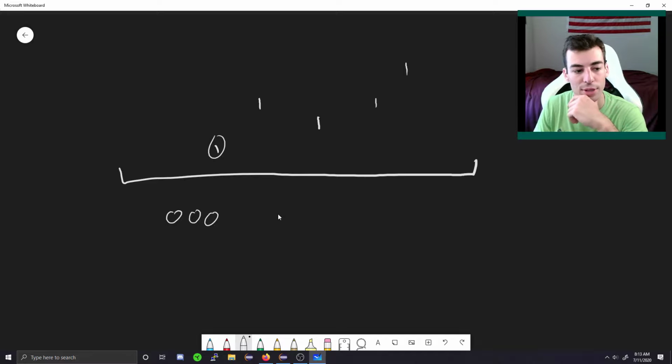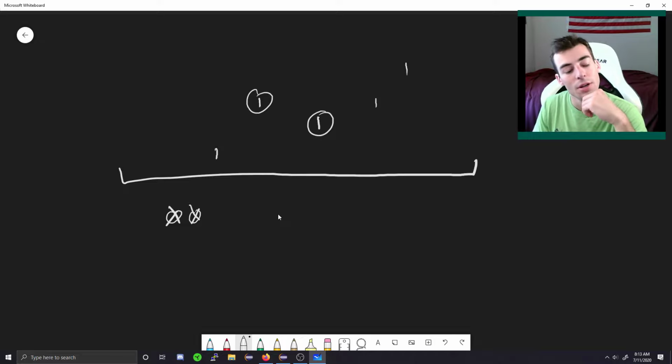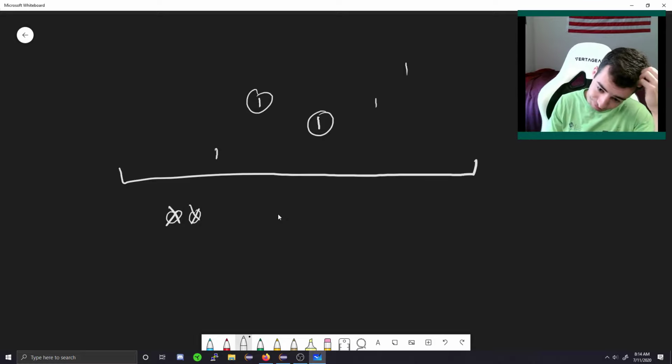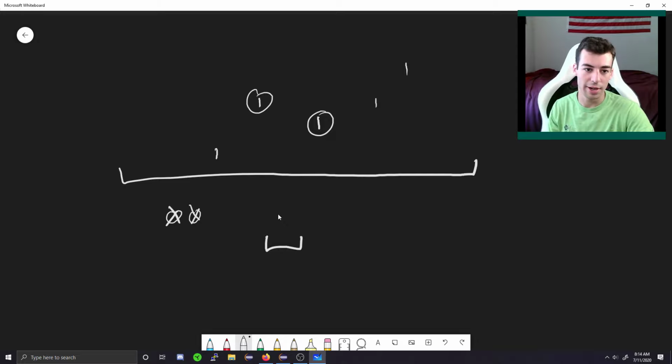So when we hit somebody, we'll put them in some spot. And then if we hit somebody else, we will put them in a spot if we can. Now if we hit somebody else and we can't put them in a spot, then we can leave them out to die in the later half of the array.